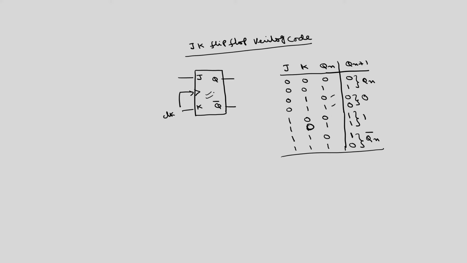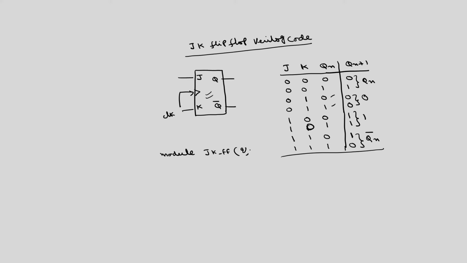Now, how to write the Verilog code? Module JK flip flop, inputs are J, K, clock, output is Q. I will use small letters.